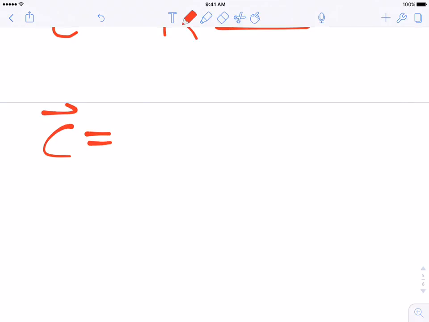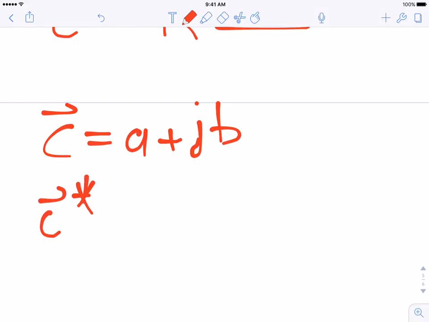So let's say you have C equals A plus jB, and you want C complex conjugate. Well, that's just going to be A minus jB. Now remember, let's say your B was negative to begin with. Well, when you do its complex conjugate, it's going to be positive now. So that's just one thing to remember.